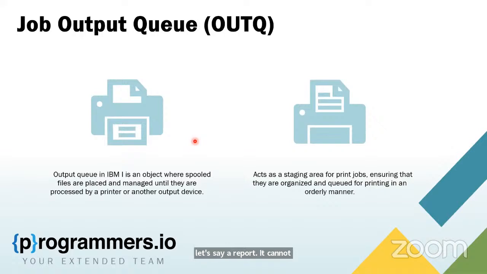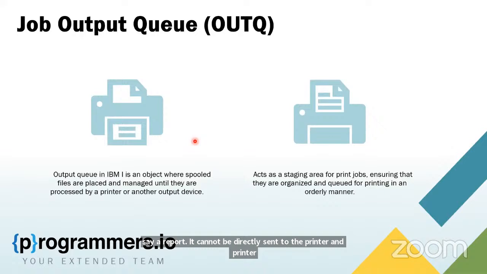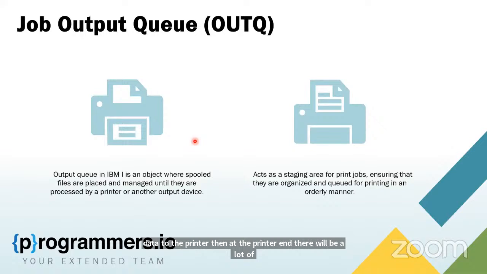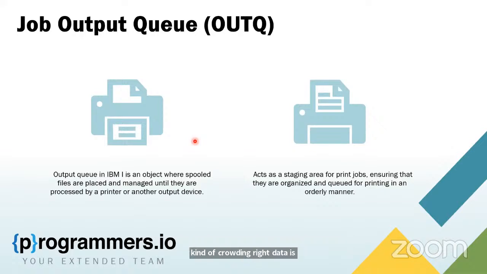Why? Because many other jobs are continuously sending data to the printer. Then at the printer end, there will be a lot of crowding, right? Data is just coming in, but printing is a little bit slower. It takes time, so it will just keep on buffering there. So that is not a good thing, right?